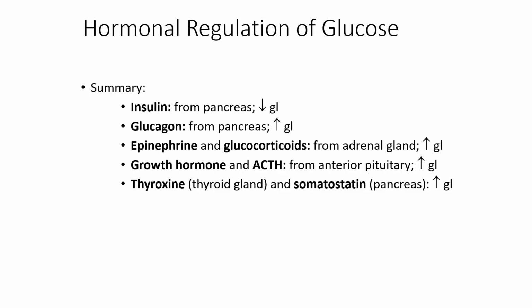Epinephrine and glucocorticoids from the adrenal gland increase glucose levels. Growth hormone and adrenocorticotropic hormone, or ACTH, from the anterior pituitary increase glucose levels, and thyroxine, T4, from the thyroid gland, and somatostatin from the pancreas increase glucose levels.